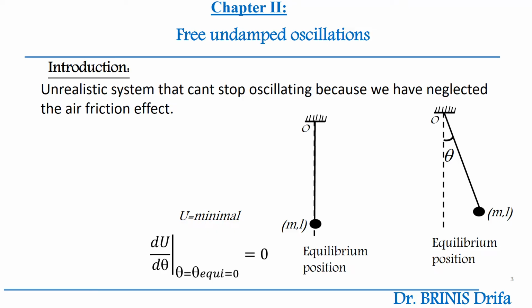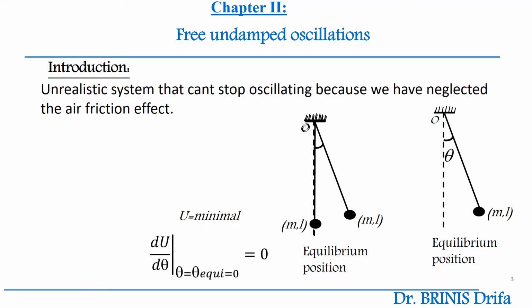You have to take it by heart that the characteristic of the equilibrium position is minimal potential energy. It is the physical characteristic, and the mathematical modelization is the derivative of U over theta equal to 0.